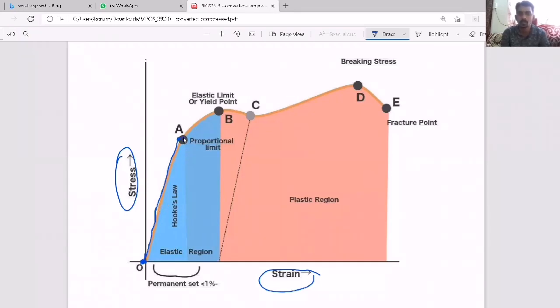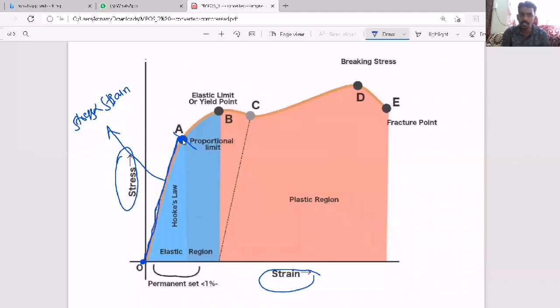That is called the proportionality limit. See the point A. Up to point A, the graph is a straight line passing through the origin. That means this region obeys the law that stress is proportional to strain.